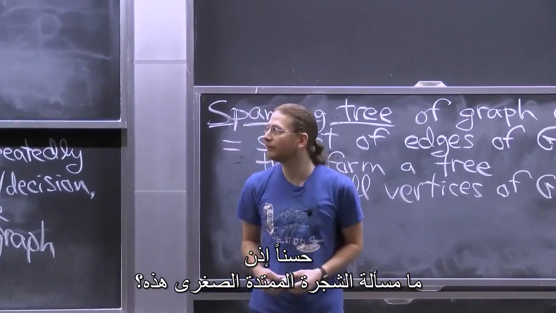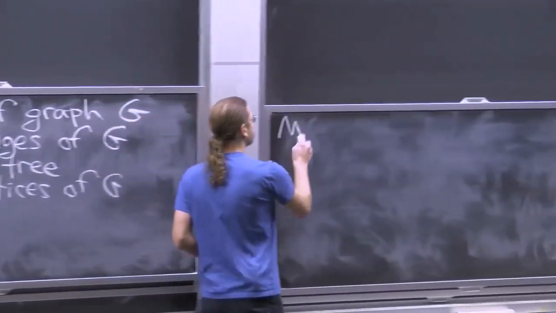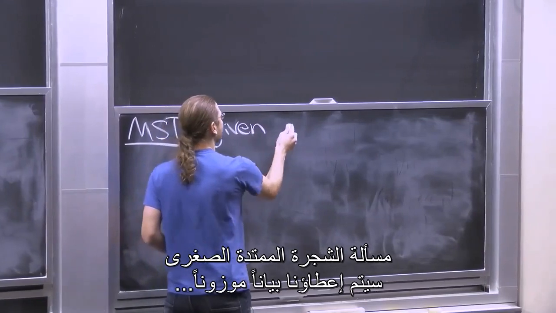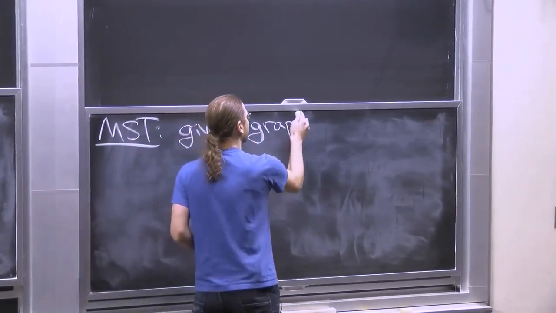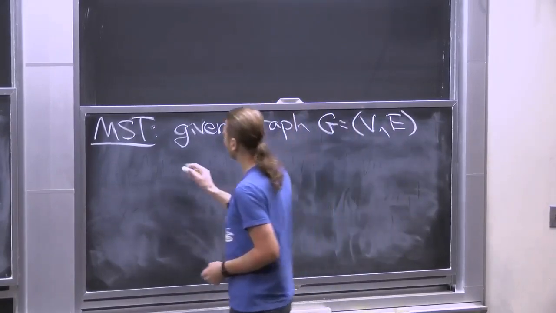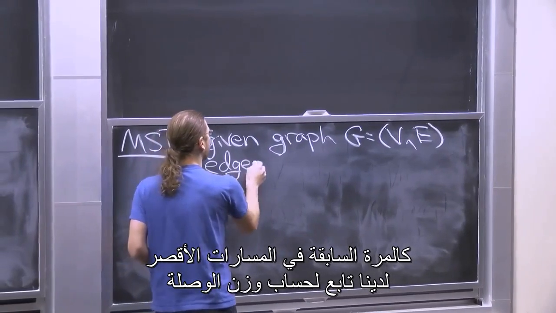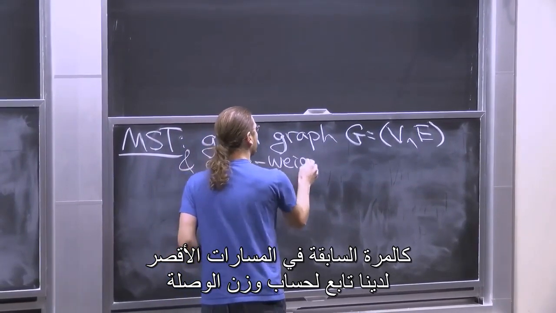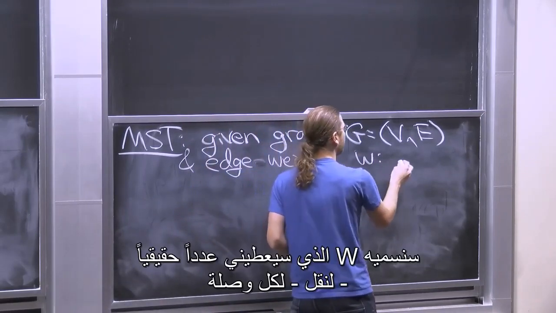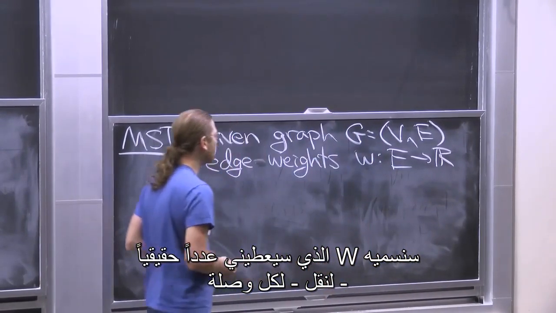All right, so what is this minimum spanning tree problem? Minimum spanning tree, we're given a weighted graph. Just like last time with shortest paths, we have an edge weight function, W, giving me a real number, let's say, for every edge.